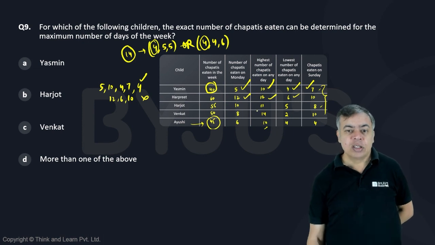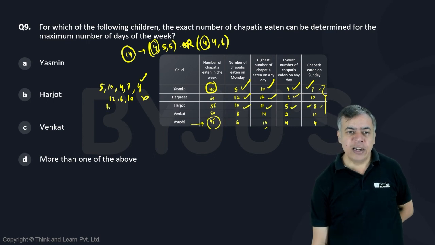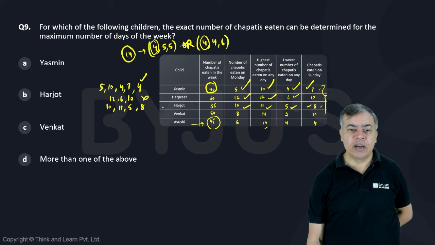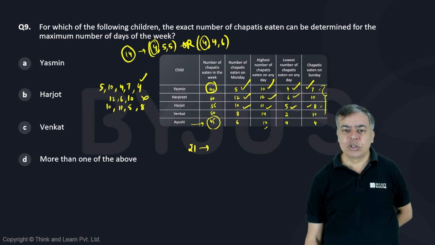Similarly, Harjot, right? 10, 11, 5, 8. 4 days you know, 10, 11, 5, 8. Now the total is 8, 5, 13, 13 and 11, 24 and 10, 34. But the total of Harjot is 55. The remaining is 21, and there are 3 days left where the minimum for Harjot is 5.